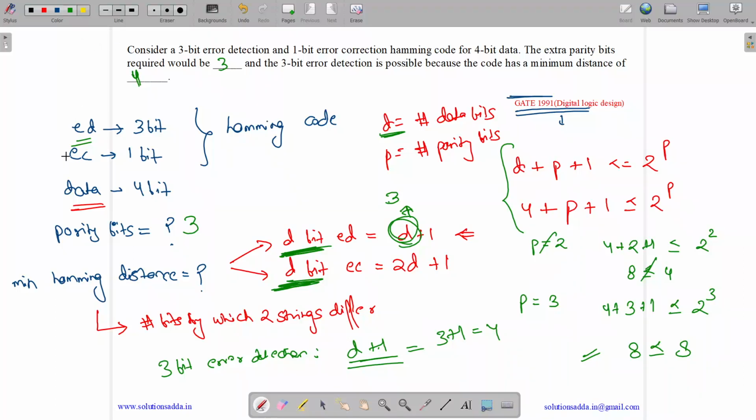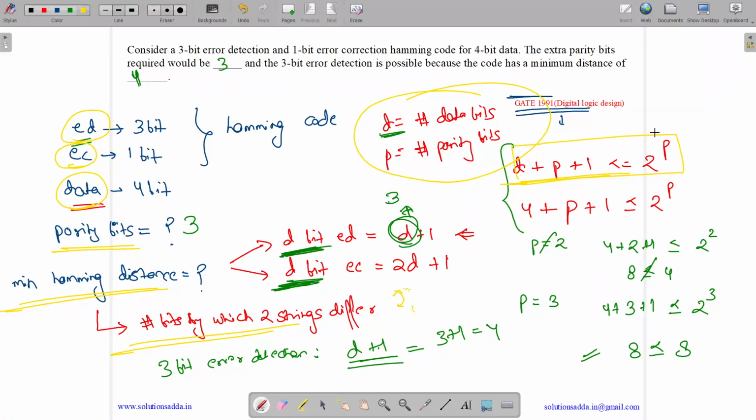Let me tell you all the things once again. We have 3-bit error detection and 1-bit error correction. Data is 4-bit. We need to find the number of parity bits and the minimum Hamming distance. The minimum Hamming distance for d-bit error detection equals d plus 1, and for d-bit error correction equals 2d plus 1. Hamming distance is the number of bits we must flip to make two binary strings equal. If d is the number of data bits and p is the number of parity bits, then we have this formula.